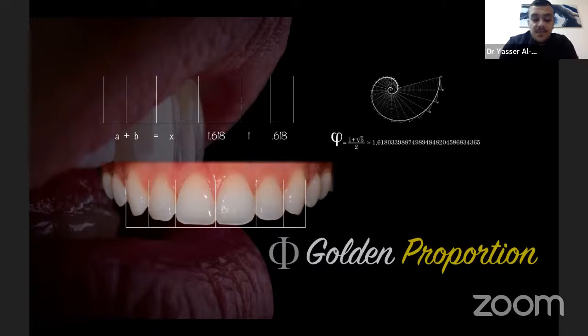So when we design the smile, we consider that the central incisor is 1.6 of the size of the lateral incisor, and 0.6 for the canine, which means the canine is in proportion more than the lateral incisor, but the central is 1.6. So when we design, we consider the golden proportion of the teeth themselves.